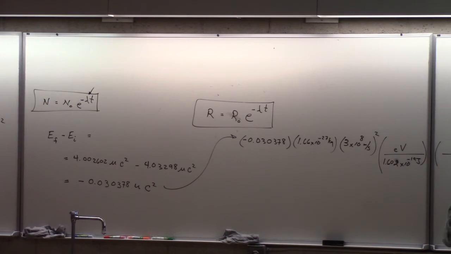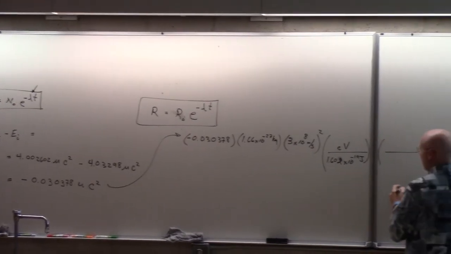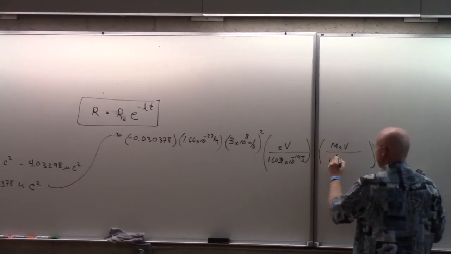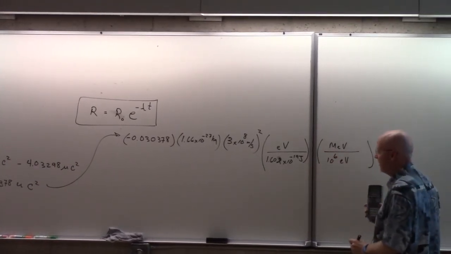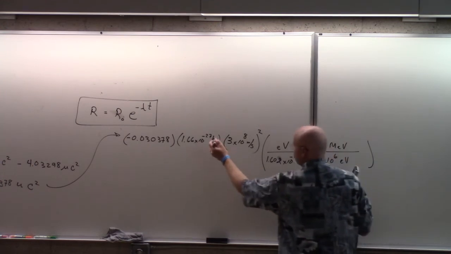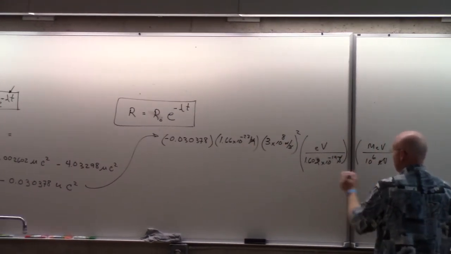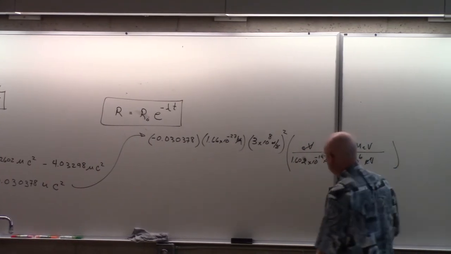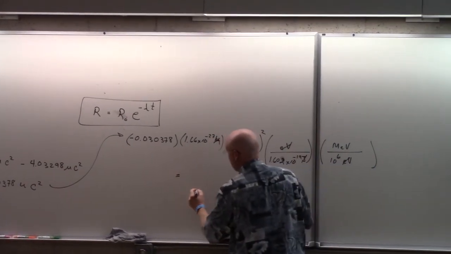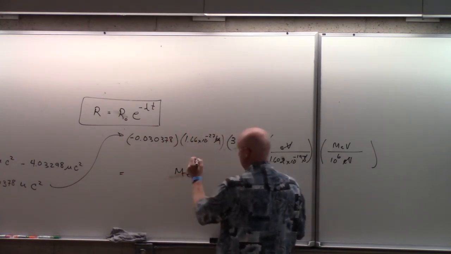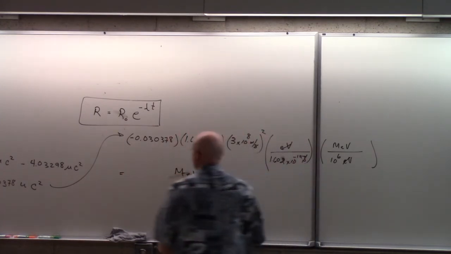And then working down his road, I'll say an MeV is a million EVs. So this kilogram meter per second squared cancels with a joule. This electron volts cancels off, and I will then have a number in MeVs.